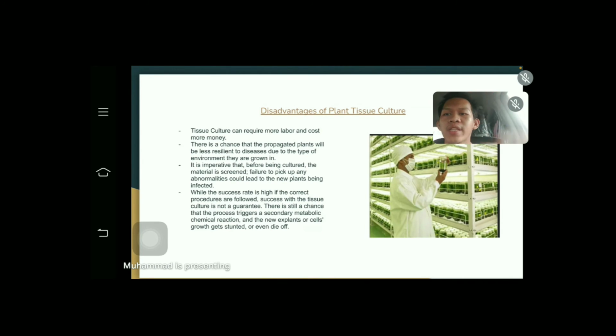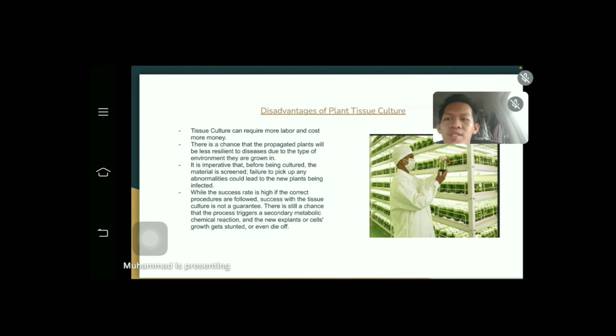It is imperative that before being cultured, the material is screened and filtered to pick up any abnormalities that could lead to the new plant being infected.